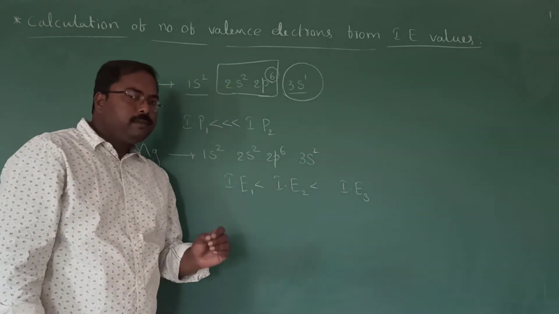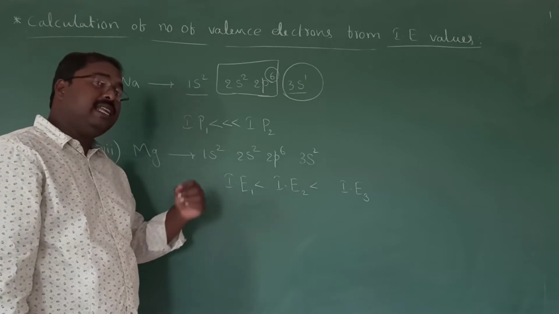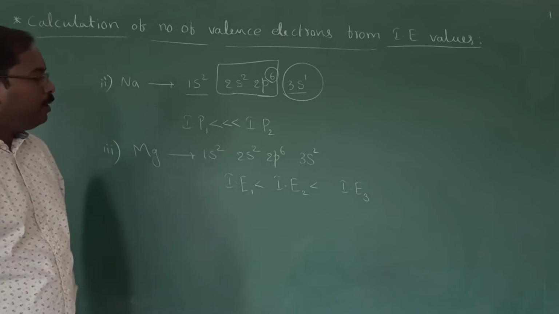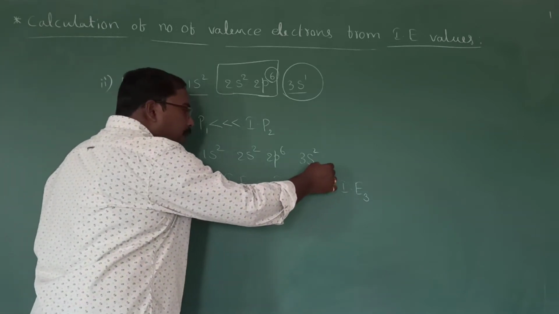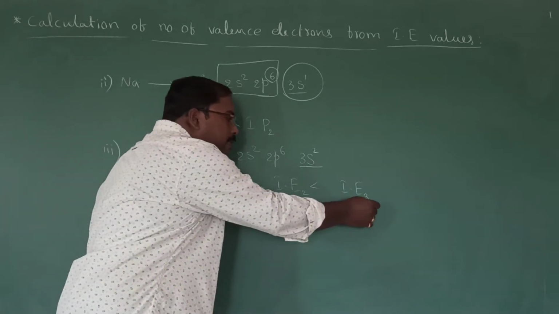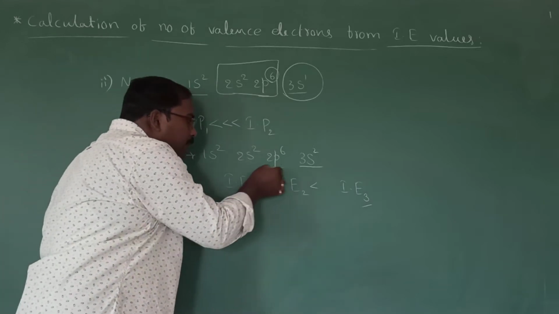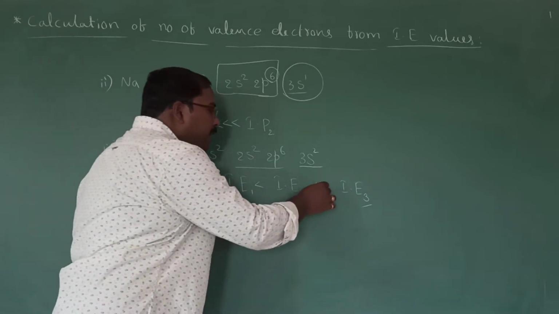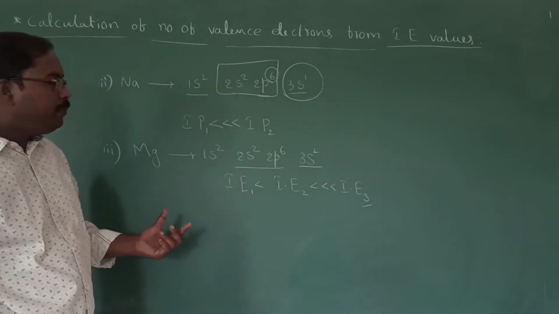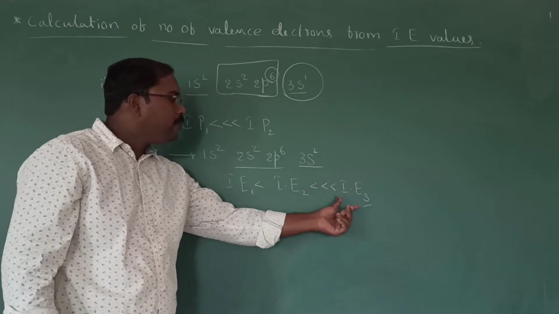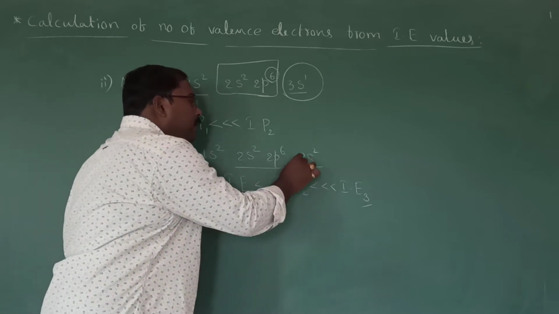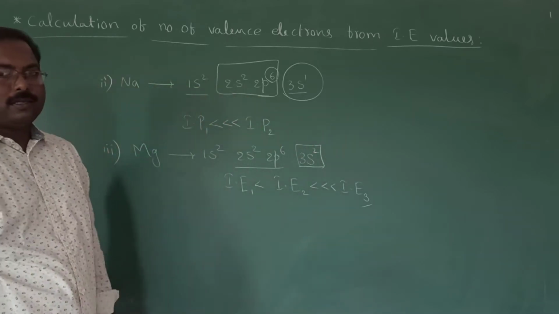Now my question is, in which case will you observe a sudden rise in the ionization energy values for magnesium? By looking at the electronic configuration, it is very clear. It has two valency electrons. So if you want to remove the third electron, you should remove it from the inner shell, so definitely it requires very high energy. That is why in the case of magnesium, we will observe this sudden rise at the third ionization energy value. It means it has two valency electrons. Okay.